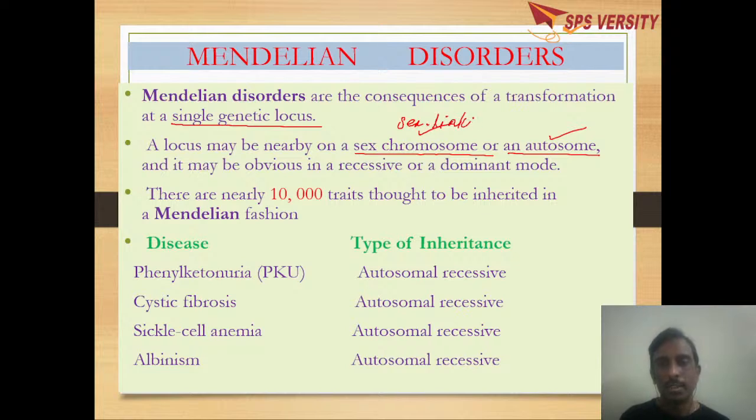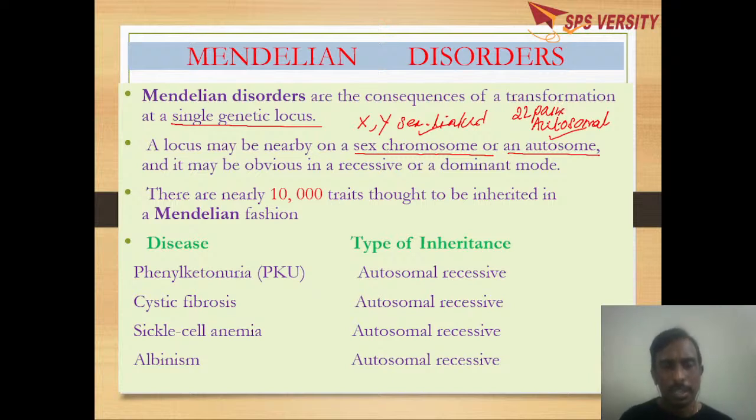If it is present on an autosome, it is called autosomal. In sex linked, mostly the genes are present on X, and very few are present on Y. Autosomes means the remaining 22 pairs of chromosomes.